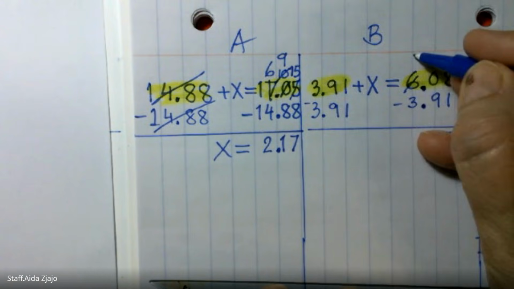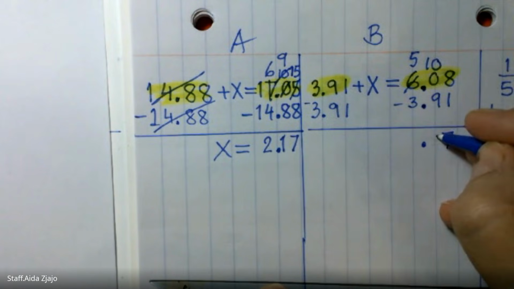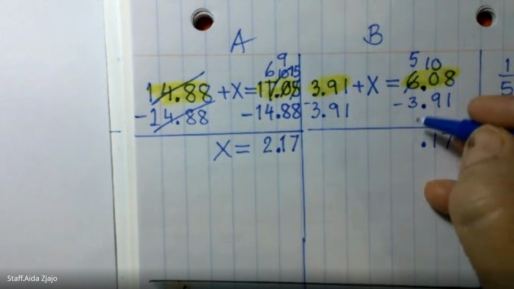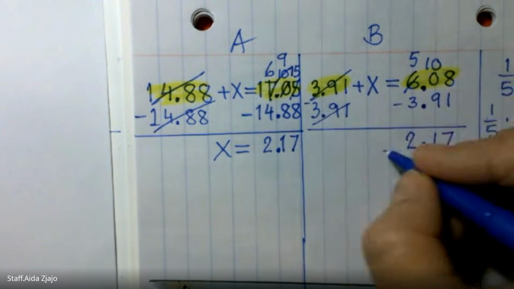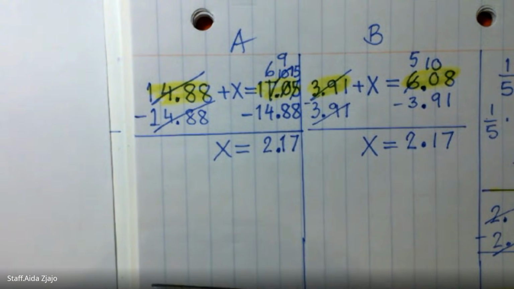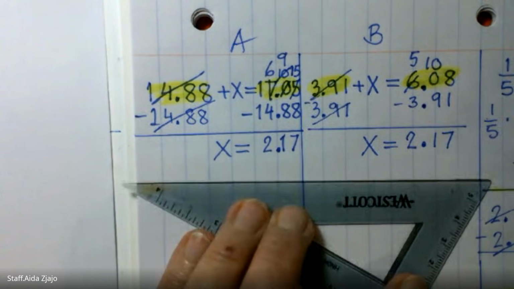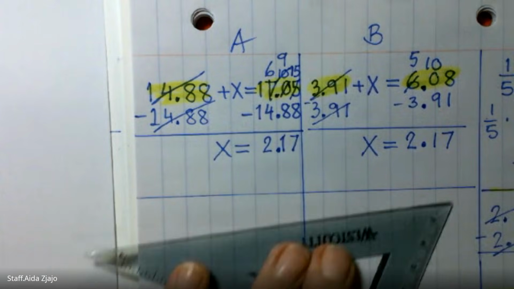I have to regroup that. 10 minus 9 is 1. 5 minus 3 is 2. So X equals 2 and 17. And there is one more to do.